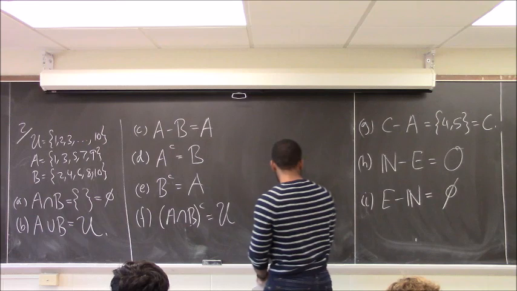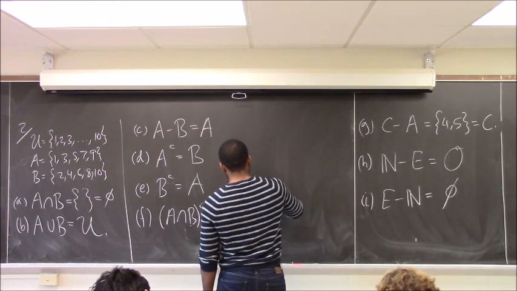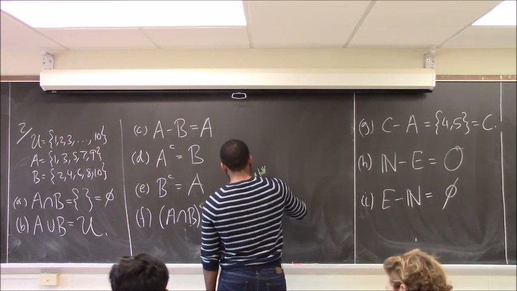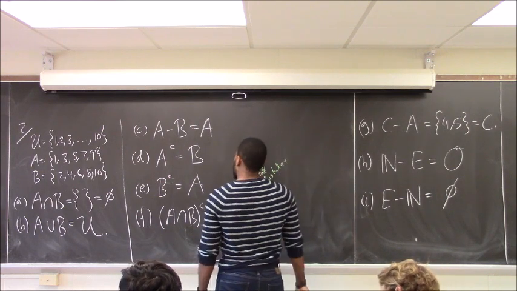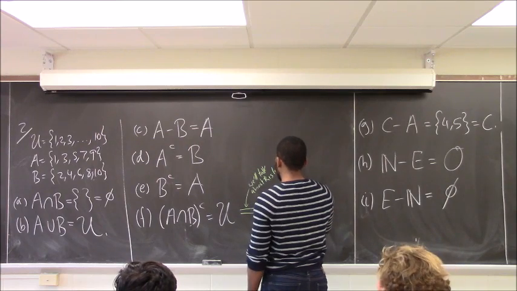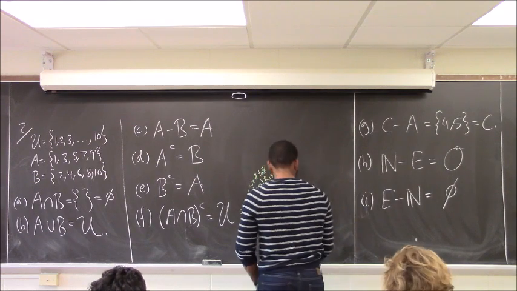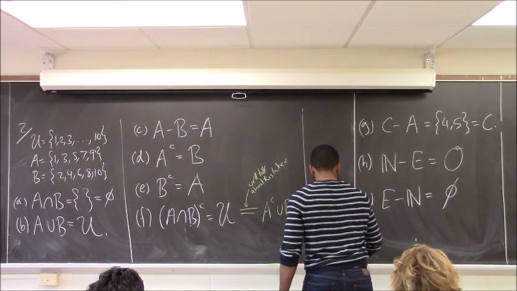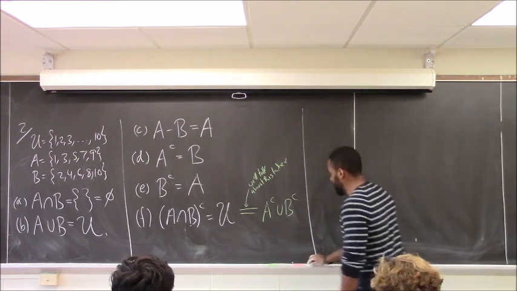Now, we'll talk about this later, but I want you to notice that this is actually A complement union B complement. And that's not a fluke, that's always going to be true for something like that. Some of you might even know where that's from.